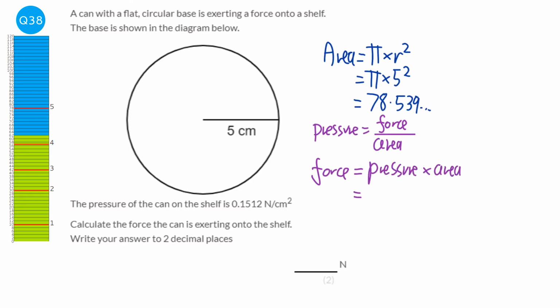Pressure, it says, is 0.1512. The area we found out in the previous question, and we keep that in our calculator, so we keep the accuracy up, and when you do that you get 11.875 and so on, rounded to the 2 decimal places it asks for, and you get 11.88 newtons.